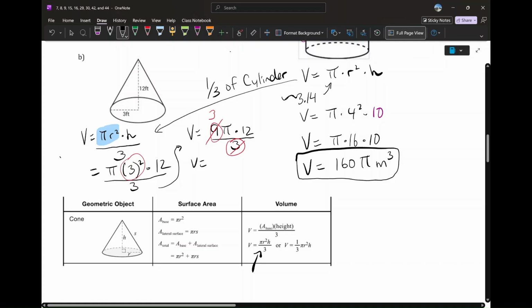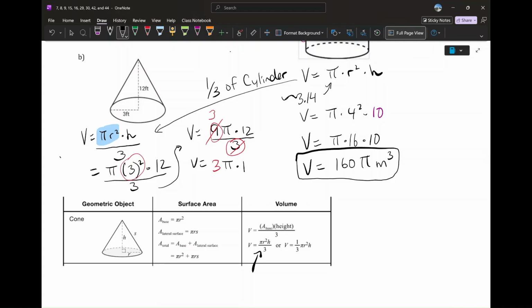So our volume is 3 pi times 12. We got to multiply 3 and 12. That gives us 36 pi cubic feet. That's our volume. Again, you can pop that in your calculator and get a decimal by doing 36 times pi.